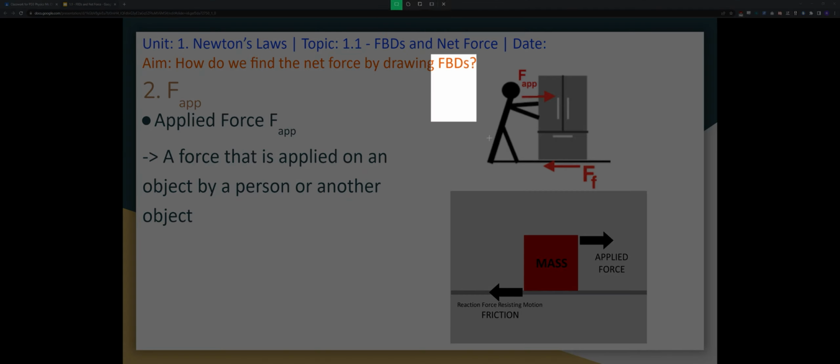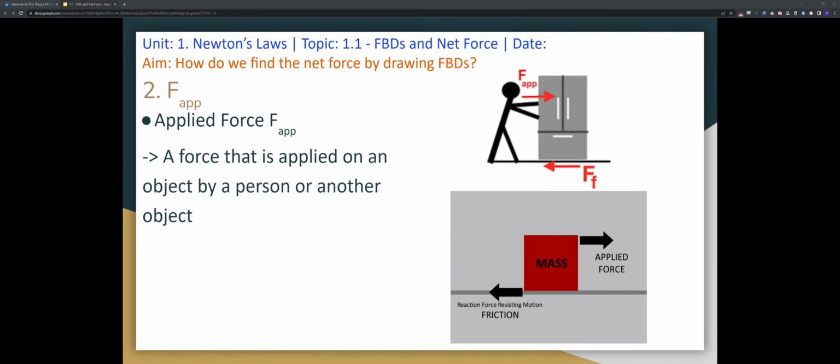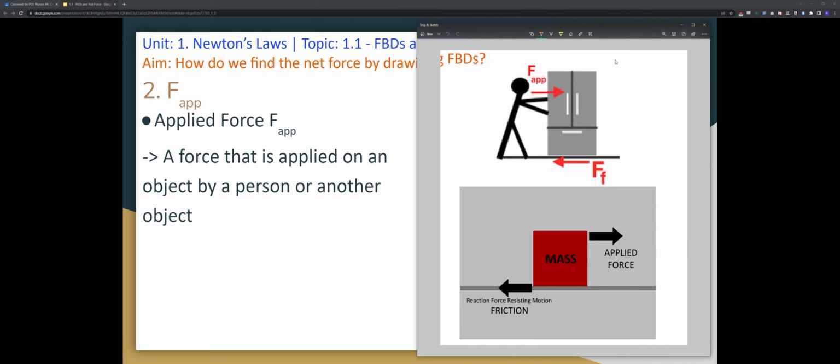There's something else called applied force. Again, this is the last type of force we'll learn in this class. Your applied force is essentially anything that you're applying a force to. Let's say you're pushing on a table, you're applying a force on this table, that's going to be your applied force.